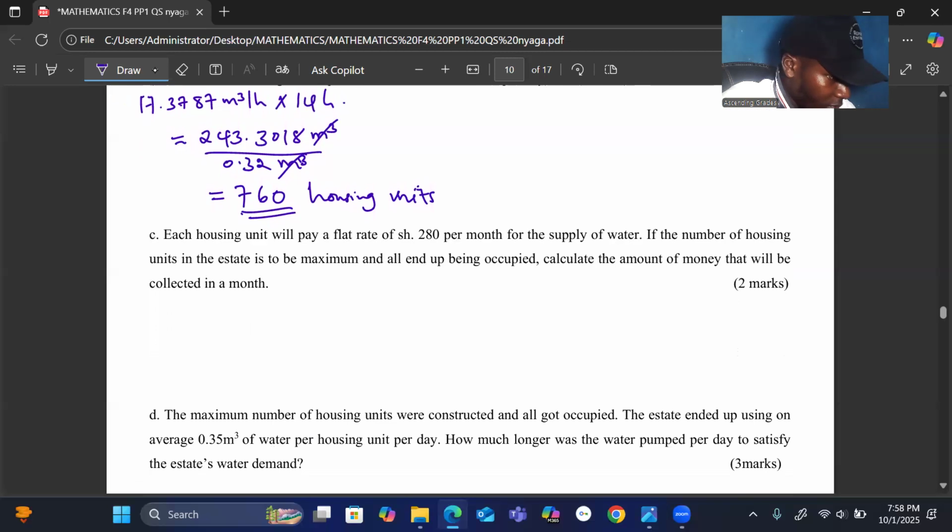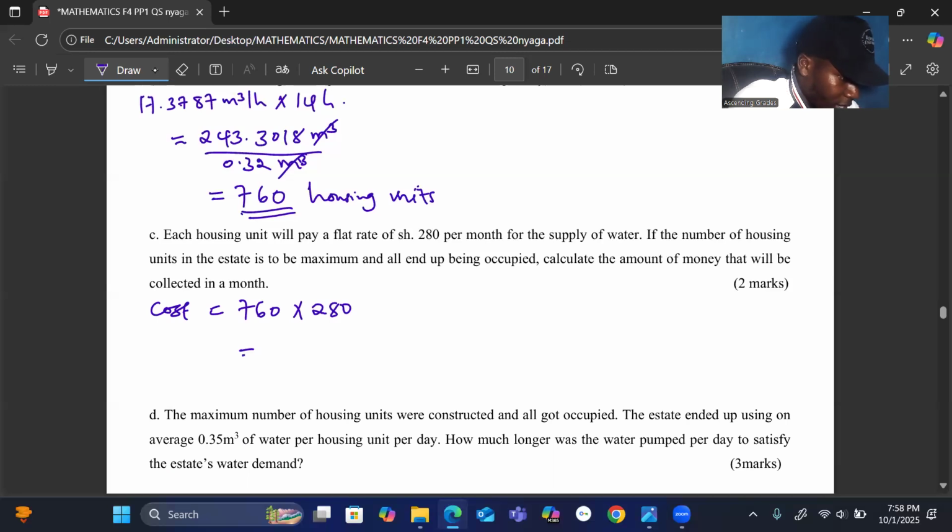Now, each housing unit will pay a flat rate of 280 shillings per month for the supply of water. If the number of housing units in the estate is to be maximum and all end up being occupied, calculate the amount of money that will be collected in a month. So that one will be easy. We know that the maximum is 760 houses, and each house is paying 280 shillings.